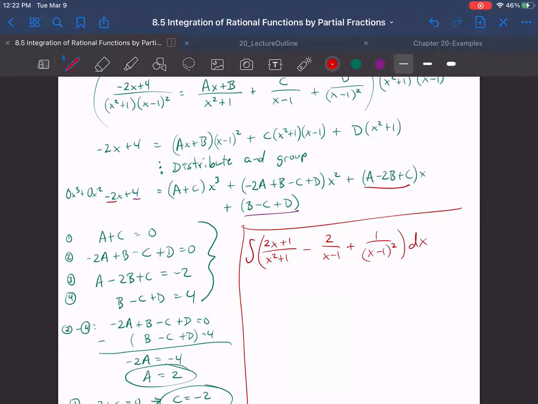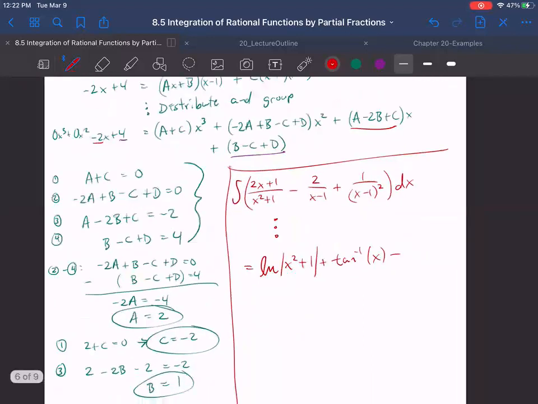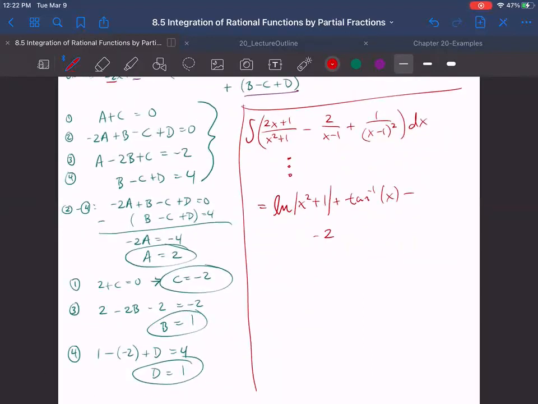Okay, and so do that integral, which you should practice doing, and you should get natural log of x squared plus 1 plus the arctan of x minus 2 ln of x minus 1 minus 1 over x minus 1 plus some constant.